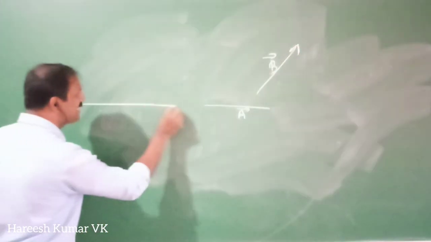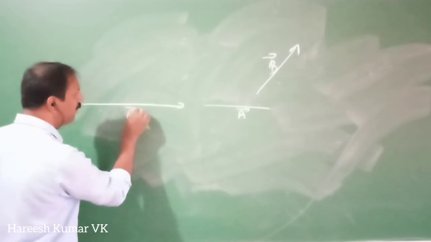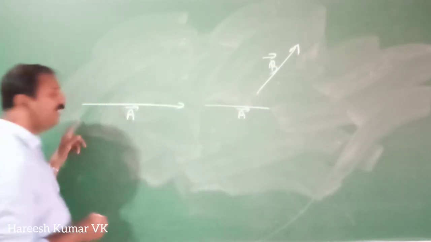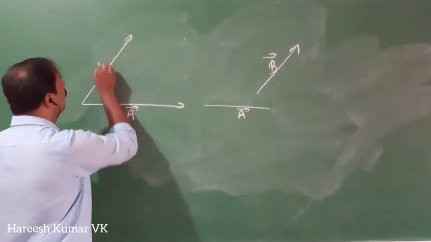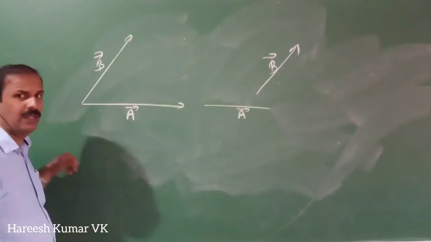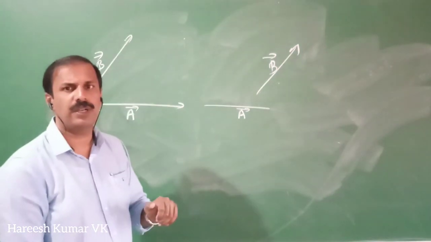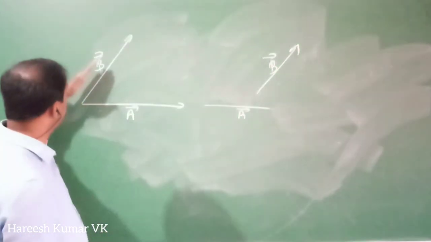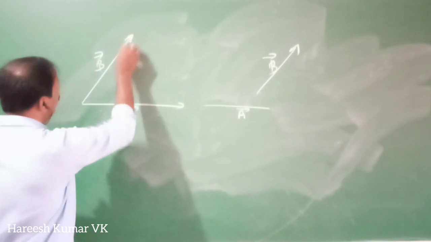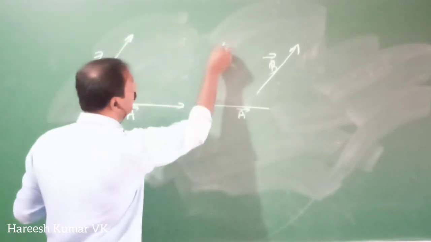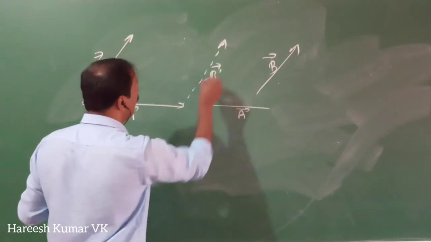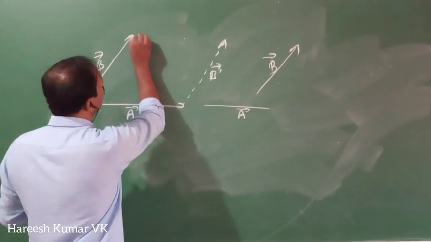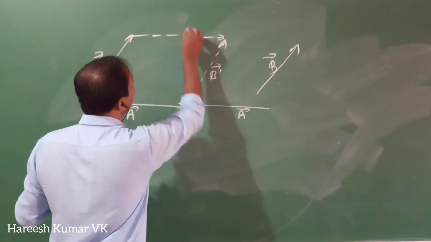So your A is here, you are taking A here. Now B, you have to take tail to tail. Vector B is here. Now you have to take the resultant of this one. The method for taking the resultant is, parallel to this B, you draw another B dash here, and parallel to A, here you draw another A dash.